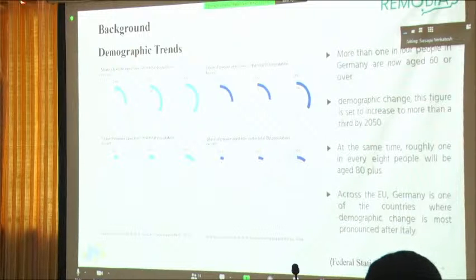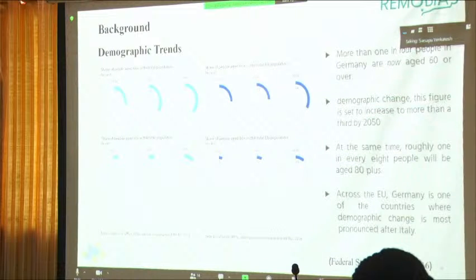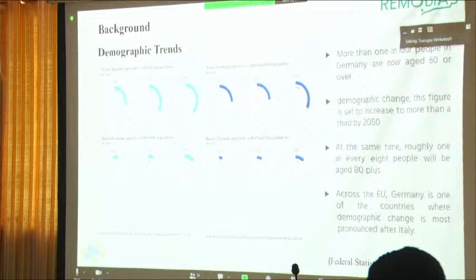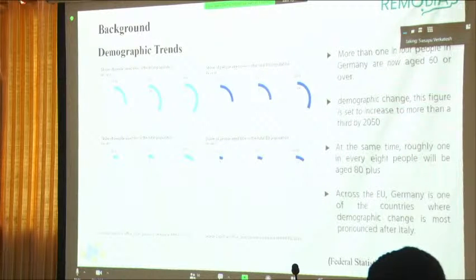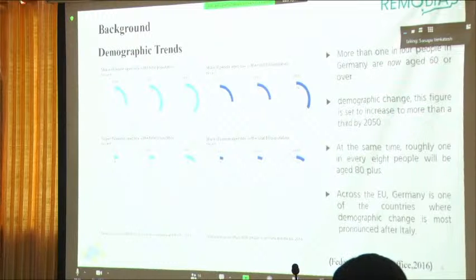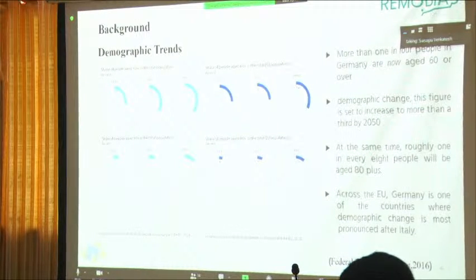You see the demographic trends in Germany. You can see the diagram here. The left side shows the demographics for Germany, and the right side shows the demographics for the European Union. If you compare it, moving from left to right, these numbers keep on increasing year by year.